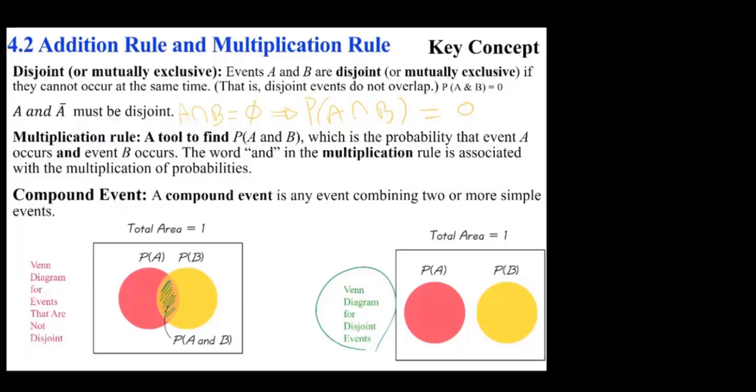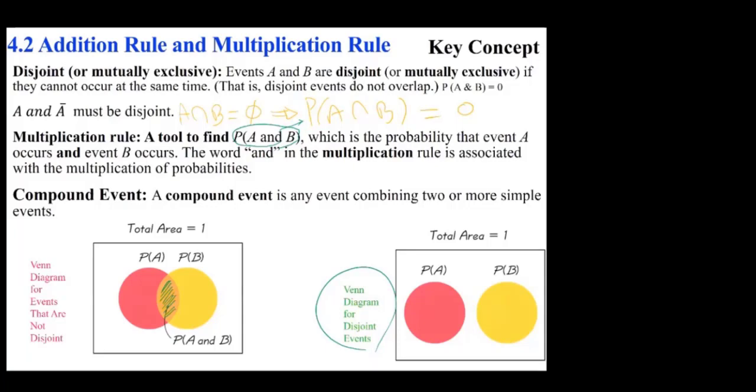Multiplication rule says if we want to find probability of A and B, and by the way, another way of saying this is probability of A intersection B, which is the probability that event A occurs and event B, both of them. The word "and" in the multiplication rule is associated with the multiplication of probabilities. And we discuss that further later on.